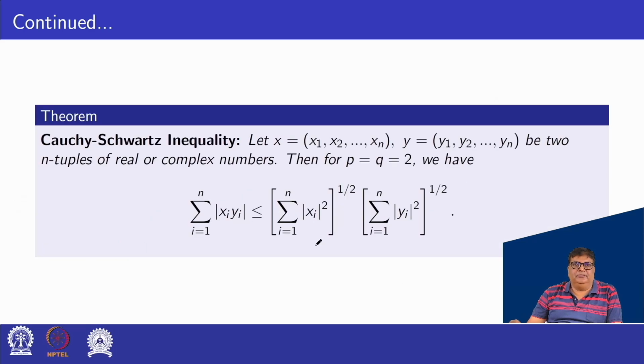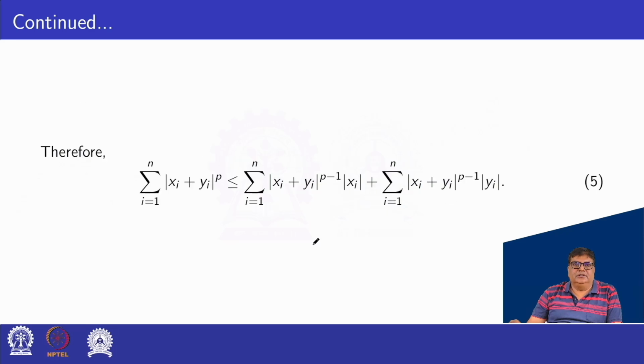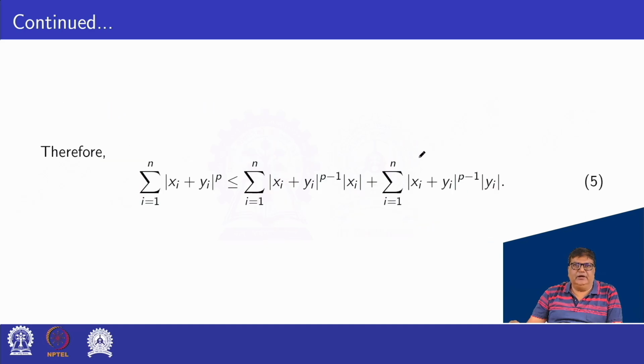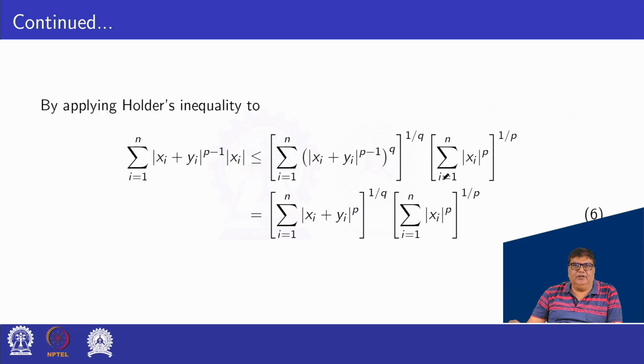Here we have a summation of two terms, so we can apply Holder's inequality and we get the summation i = 1 to n of |xi + yi|^((p-1)q) whole power 1/q, and the second term, the summation of |xi|^p whole power 1/p.